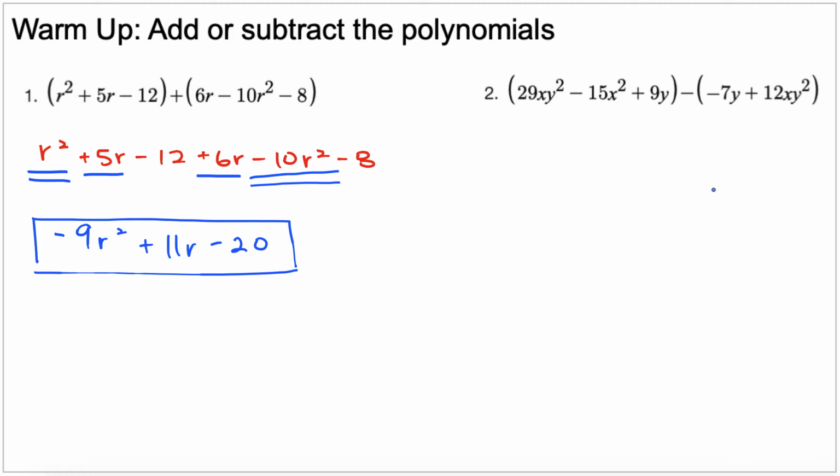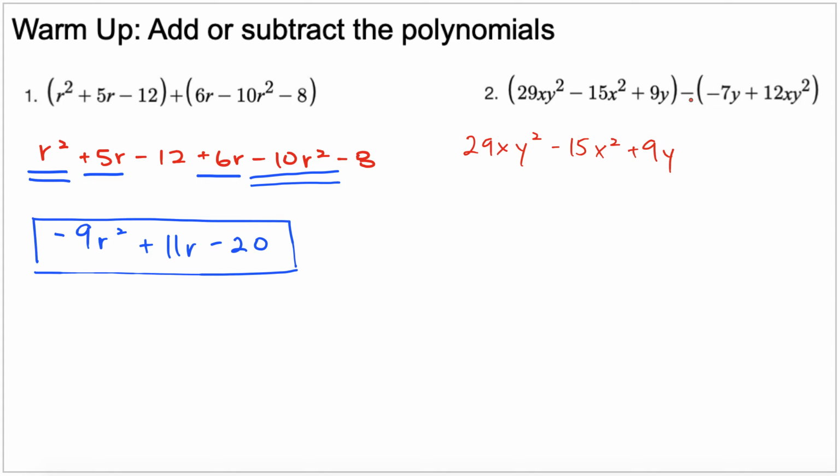For number 2, we're going to do something very similar. We are going to just go through and get rid of the parentheses. But this is a special case, right? I'm going to write that first group by itself. And by group, I just mean the terms inside the parentheses. That's just going to be my first group. So I have 29xy squared minus 15x squared plus 9y, and I have a negative here, right?